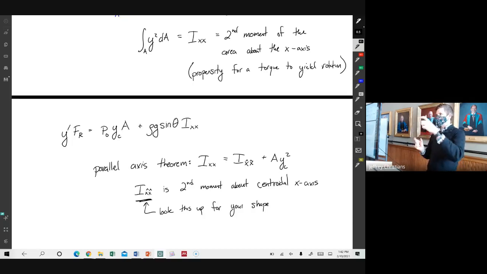If you have an ellipse, it's related to the long radius and the short radius, and it's a pretty simple equation, maybe like 1/12 a cubed b or something like that. It's shape specific. A square is going to be different than a rectangle, different than an ellipse, which is different than a donut. So you have to find what that is by looking it up.